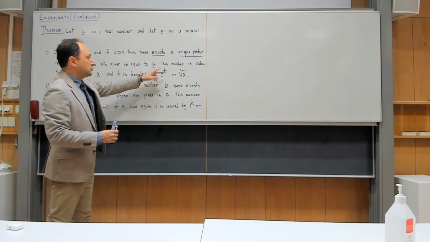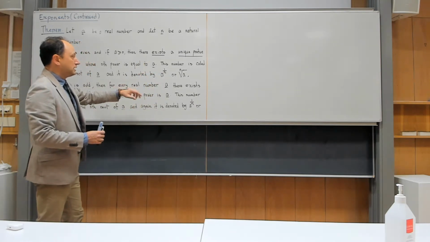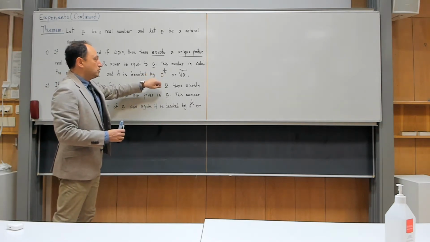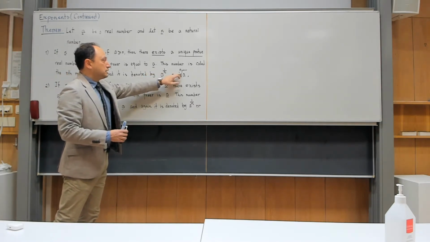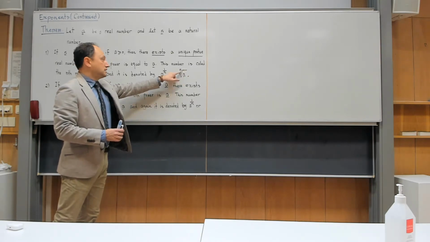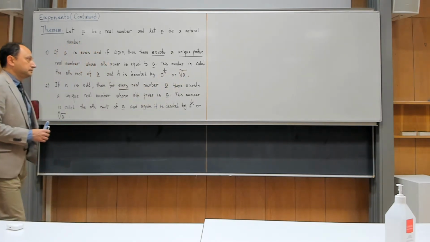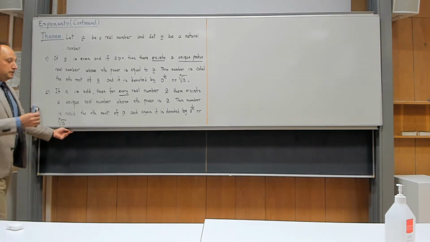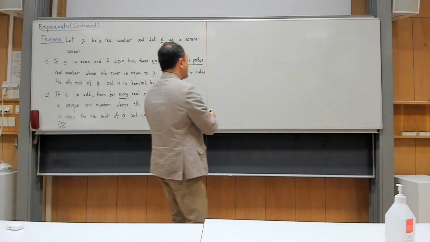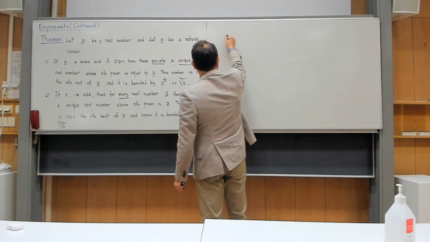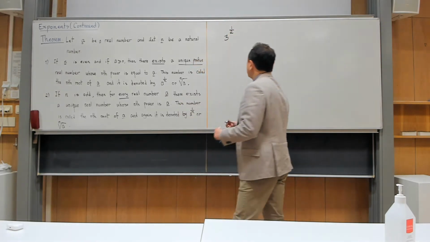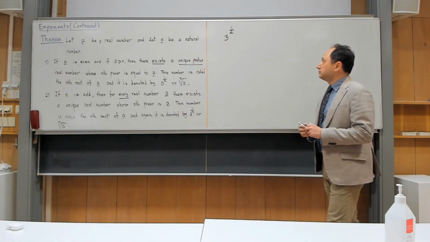There are two ways that we can denote that number. One of them is writing 1 over n as the exponent, and the other one is using this surd sign with this n on top. For example, if I write 3 to the power of 1/2, what is the meaning of this symbol?